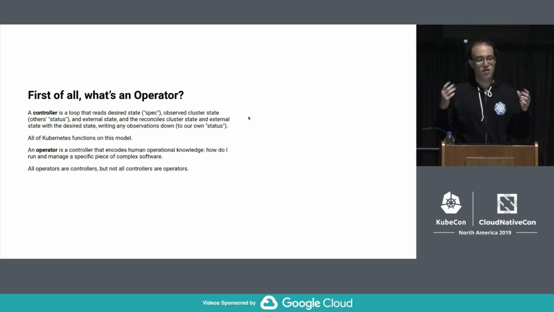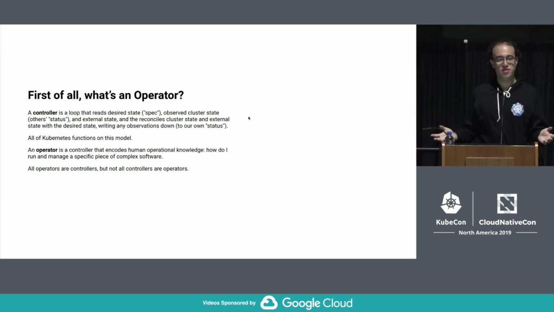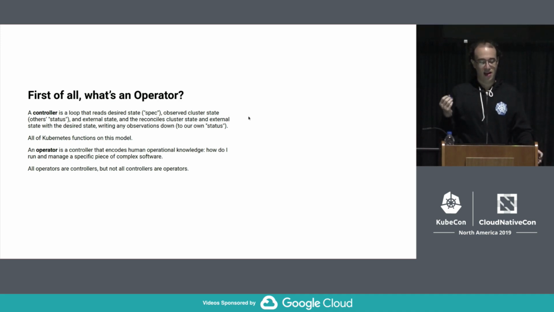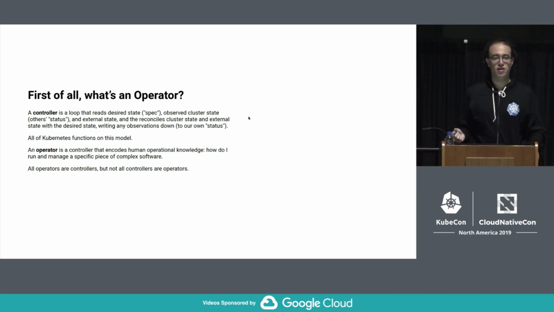Now that we have that in place, let's define an operator. An operator is a controller that has specific knowledge of an application. For instance, the Prometheus operator knows how to manage Prometheus specifically.